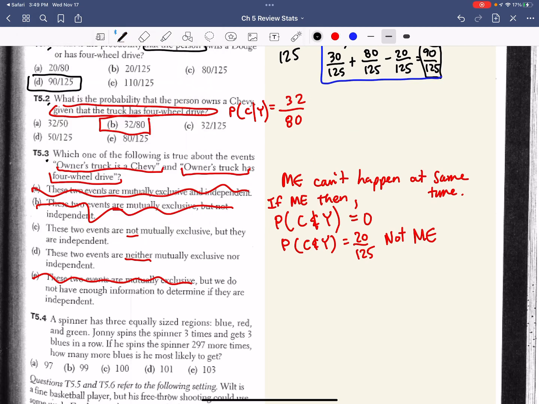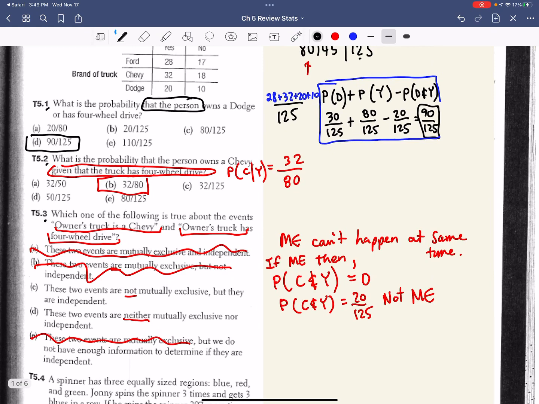That would mean that the probability of A is equal to the probability of A given B, which is equal to the probability of A given not B. So let's figure out what that means.